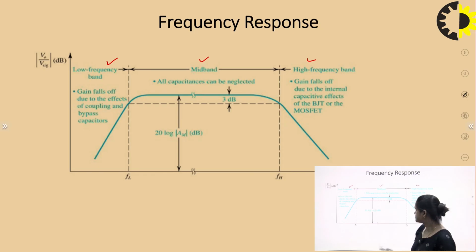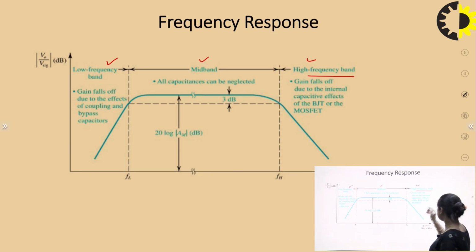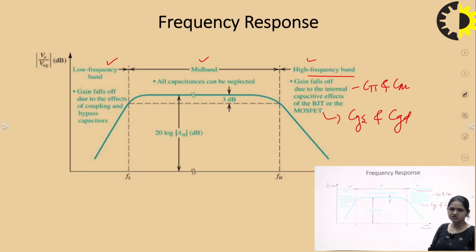So in mid band you don't have to consider any type of capacitance, but at high frequency band BJT or MOSFET internal capacitances are to be considered. In case of BJT, we have seen in the previous slide C pi and C mu, whereas in case of MOSFET there are two capacitances, CGS and CGD, where CGS is connected between gate and source terminal and CGD is connected between gate and drain terminal.